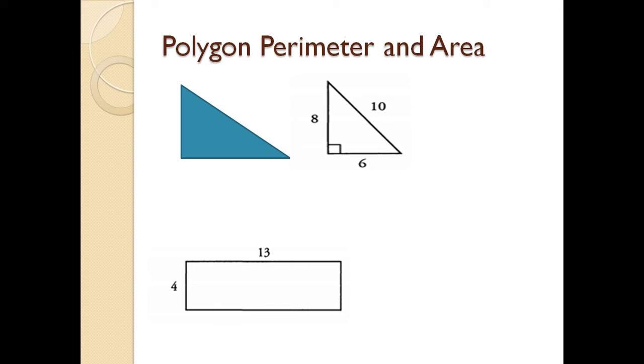Now we will discuss the perimeter and area of any polygon. So this is the triangle. What is area? You can consider that if you want to paint this triangle, how much paint is required, that is the area. This shaded part is called the area.